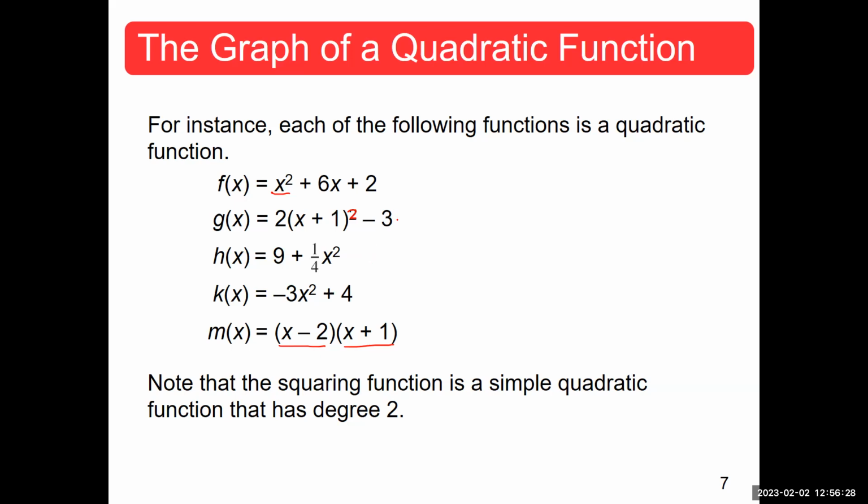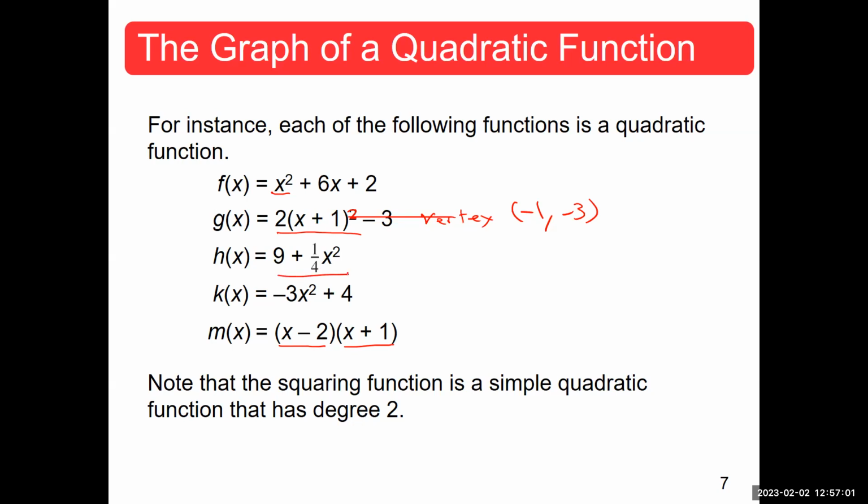We learned in the previous chapter how to find the vertex if it's in standard form. For this one here, the vertex is -1, -3, because we always inverse this value to make it negative.